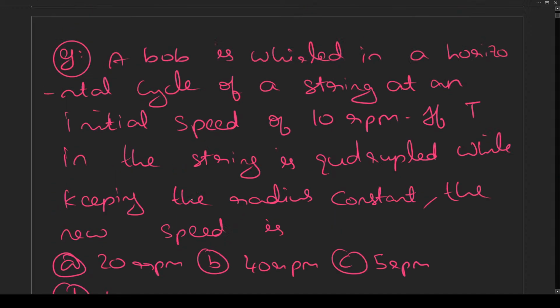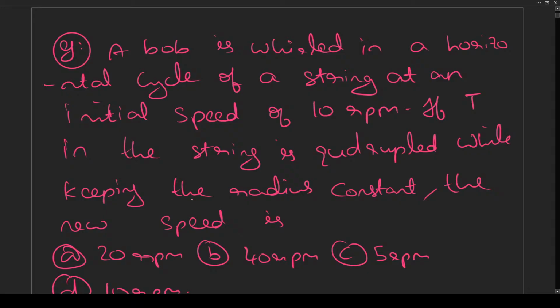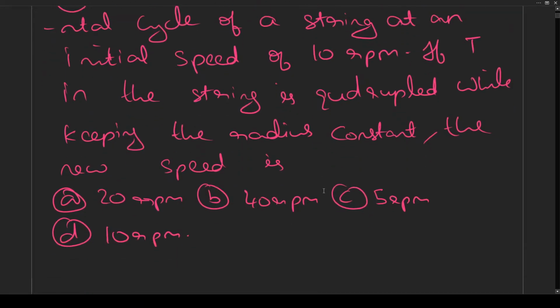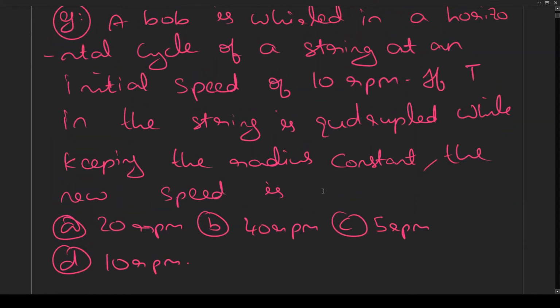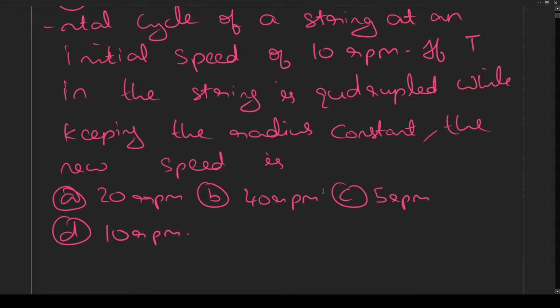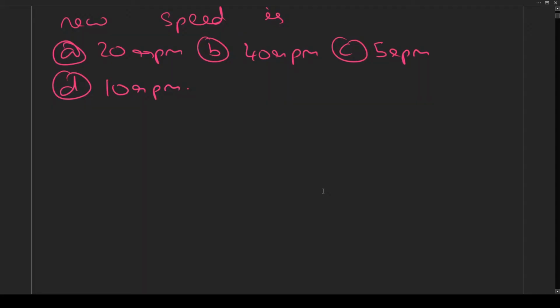They are saying that there is a bob whirled in a horizontal circle by a string at an initial speed of 10 rpm. If the tension in the string is quadrupled while keeping the radius constant, they're asking the new speed.